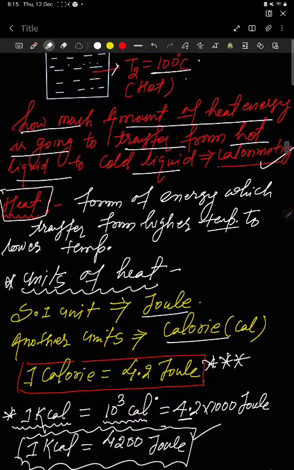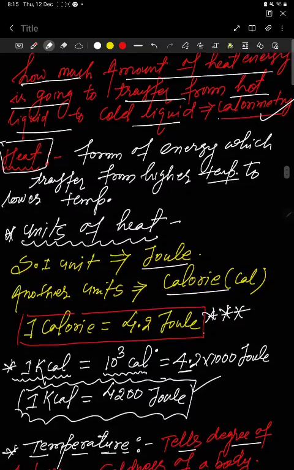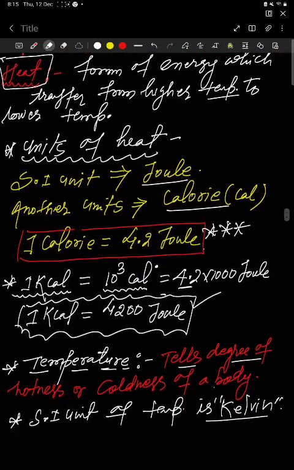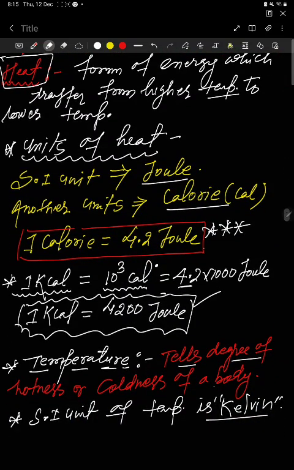Before going to study the calorimetry chapter, we have to define some terms. Our first term is heat. Everyone knows what heat is. Heat is a form of energy which transfers from higher temperature to lower temperature. Suppose there are two bodies, with temperatures 70 degrees Celsius and 10 degrees Celsius.